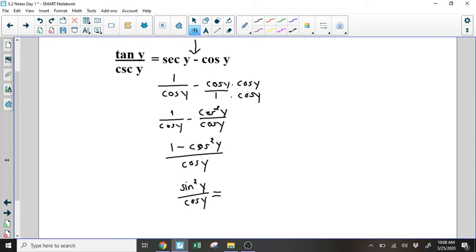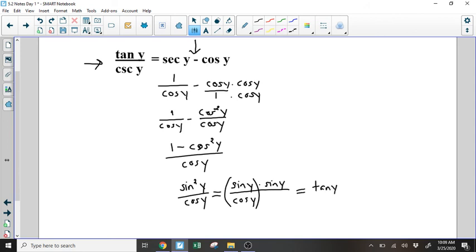I need to be, because again, this is what I'm trying to match: tangent y over cosecant y. So one of the things I could do is factor sine squared as sine y times sine y. Well, sine of y over cosine y, that's where our tangent is coming from.